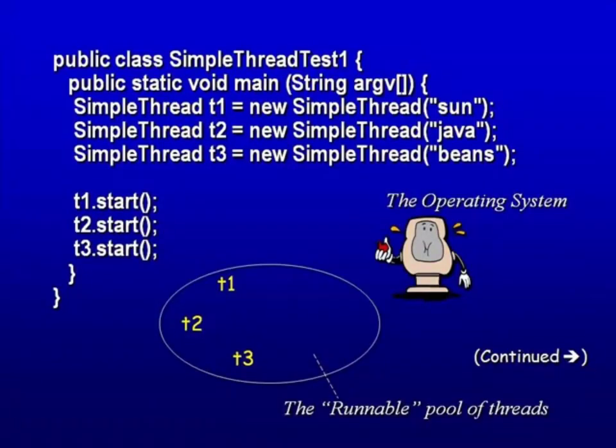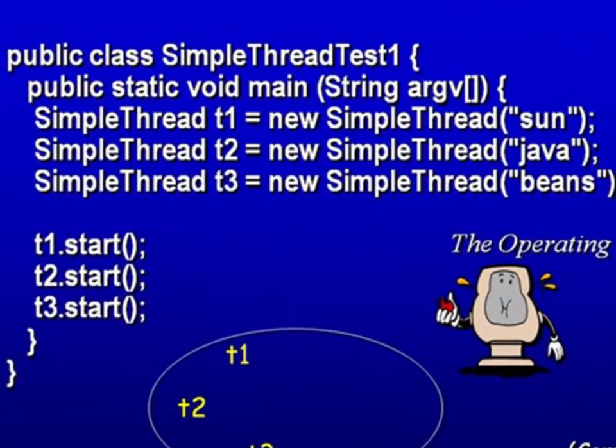Here we see a simple thread test program that actually puts these thread instances through their paces. We had a SimpleThread class, and here in this main method we are creating 3 instances of the SimpleThread class. One is passed a string sun, another is passed a string Java, and another is passed a string beans.